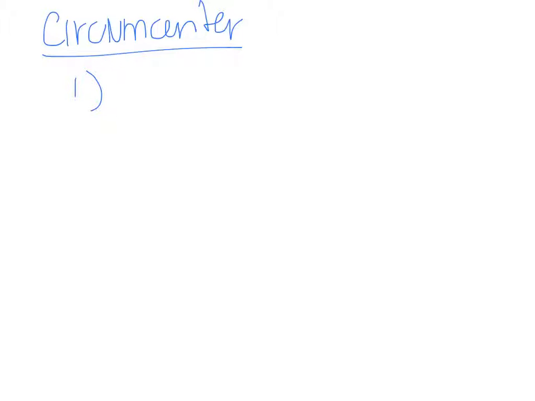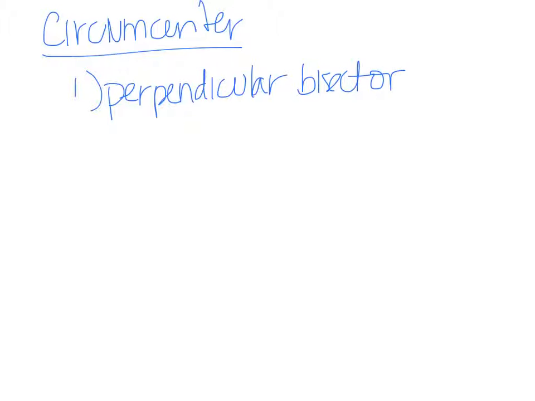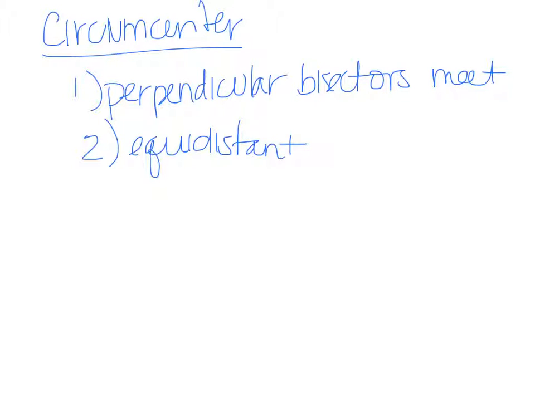And then a few things to remember about the circumcenter. Number one, it's where the perpendicular bisectors meet. Number two, it's equidistant from each vertex, which means it's the same distance from all three of the vertices.